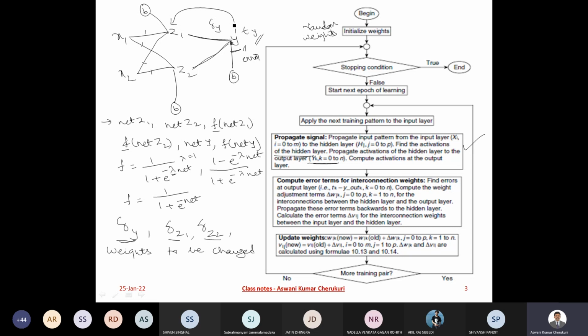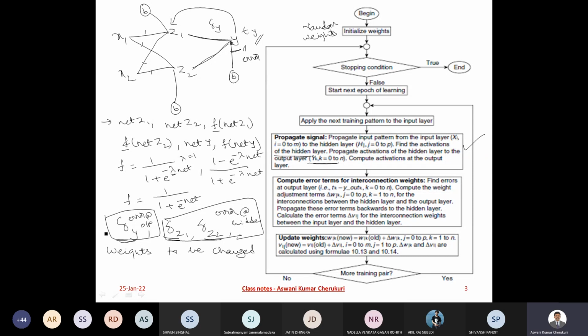So you propagate it back, and then calculate the error at the hidden nodes. This is the error at output, and these two are the error at hidden. Now you calculate del z1 and del z2, that means the error at the hidden.